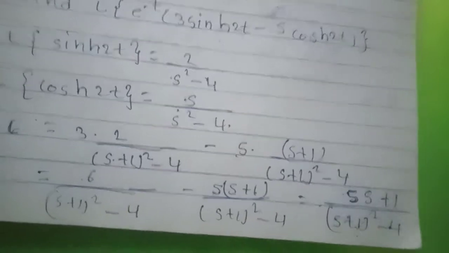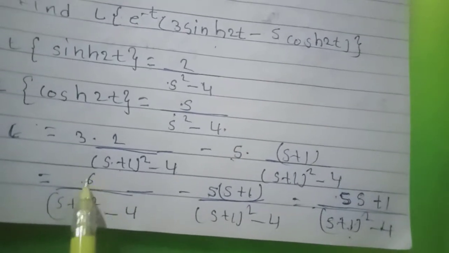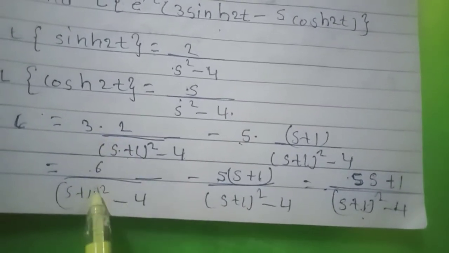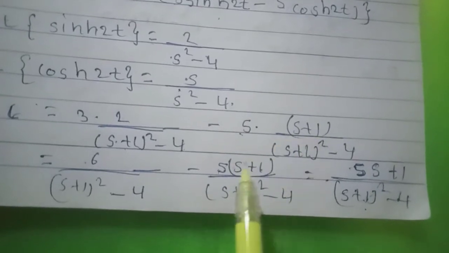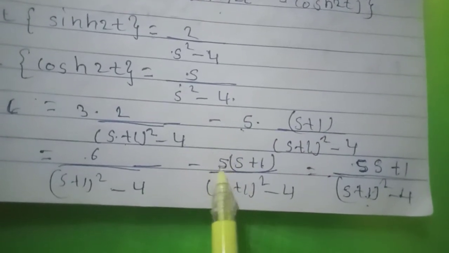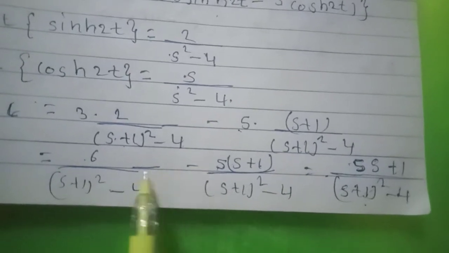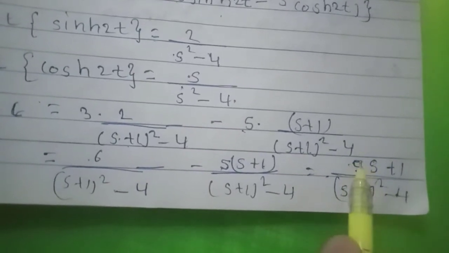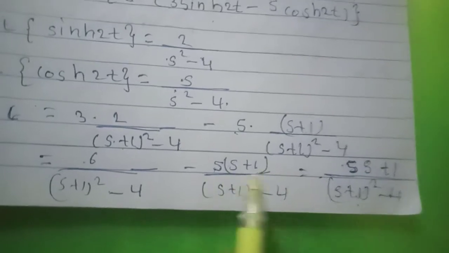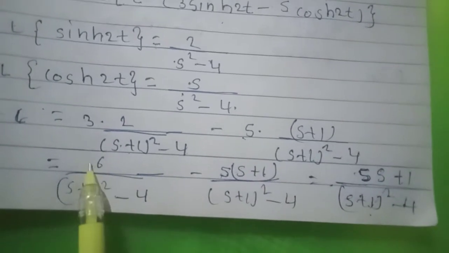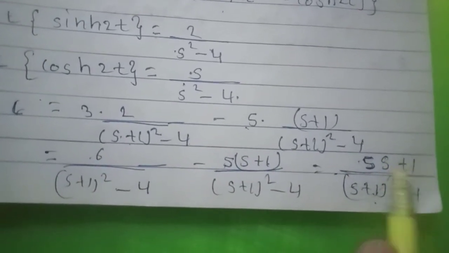We simplify this: 3 into 2 is 6, and then 5 is multiplied. The base is the same, so in the subtraction, minus 5s plus 6 gives plus 1.